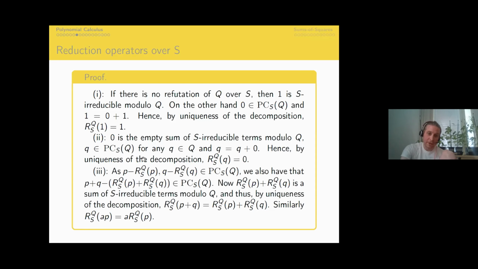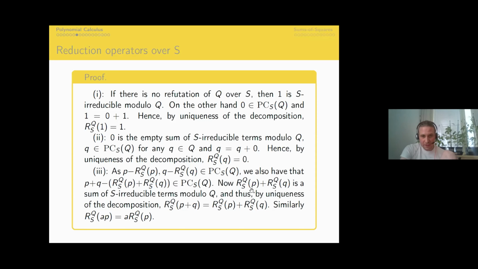So then linearity. Of course we have that p minus rs of p and q minus rs of q are provable, by definition. Hence we have also that p plus q minus (rsp plus rsq) is provable.